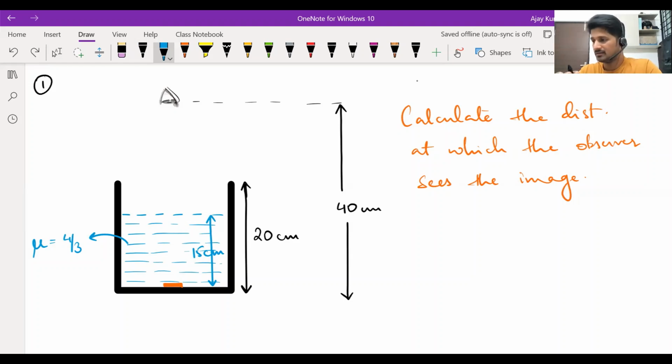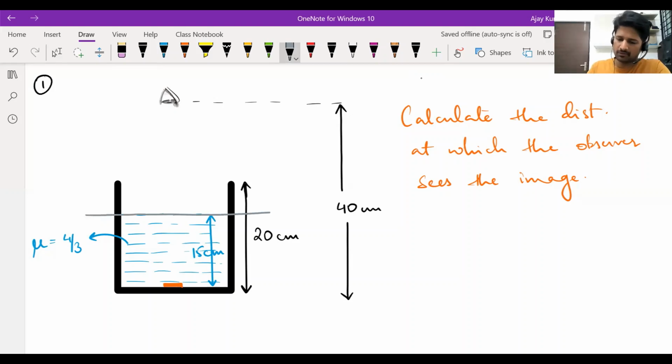But I mean, the answer is not the apparent depth. You will see it at a distance of apparent depth, but apparent depth and real depth are measured from the interface, not from the observer or from anything anywhere else. They are measured from the interface. The interface here is the air-water interface, which is basically this level.